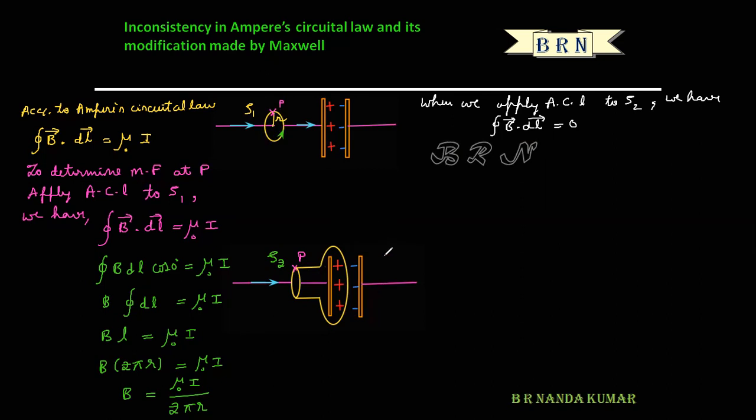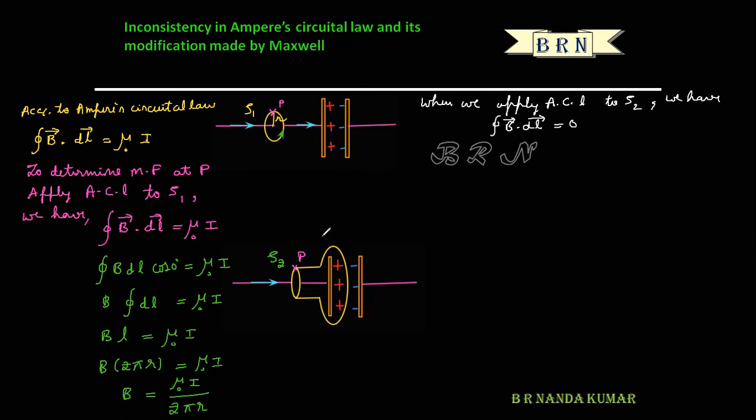So a modification was made by Maxwell in Ampere's circuital law in order to remove the inconsistency.